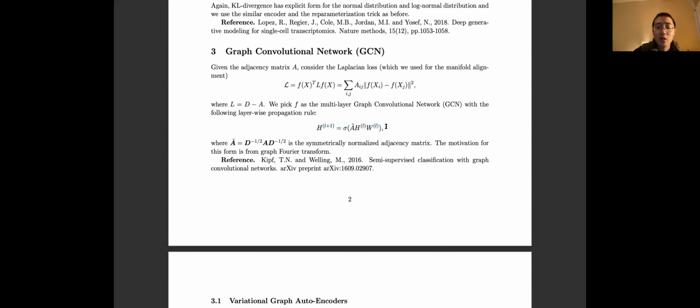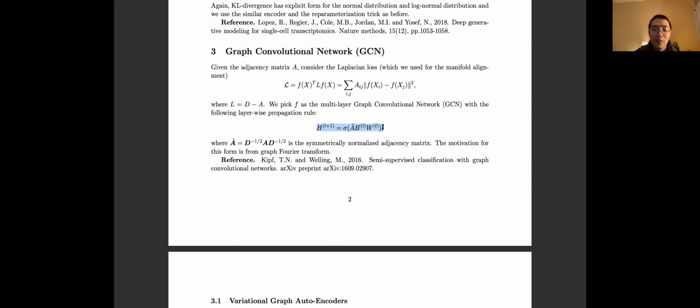So this form is called the graph convolutional network, with A, H, W, sigma. And then we can use multiple layers to define our function f here.